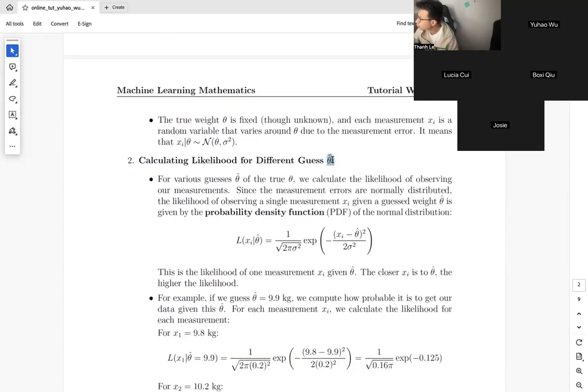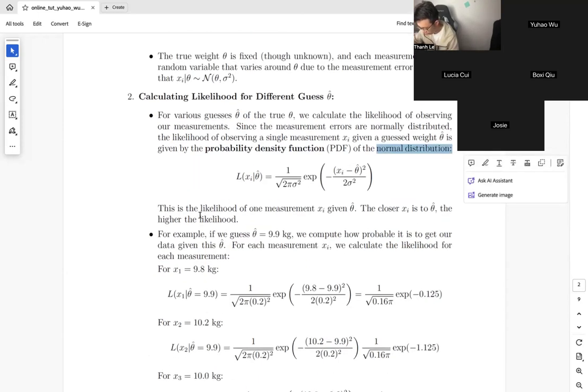For each different guess of theta, with our training data or observed x values, we can calculate the probability, and this probability is the likelihood. Because we assume x belongs to the normal distribution, we can use the probability density function of the normal distribution.